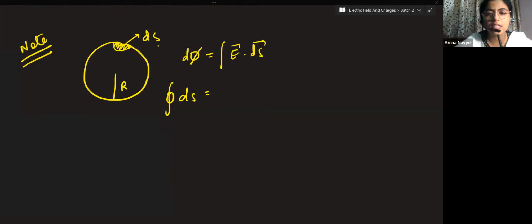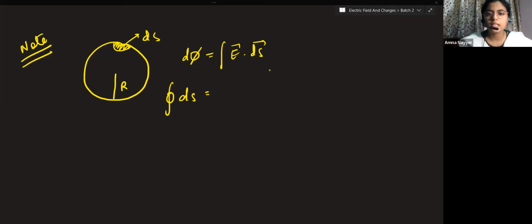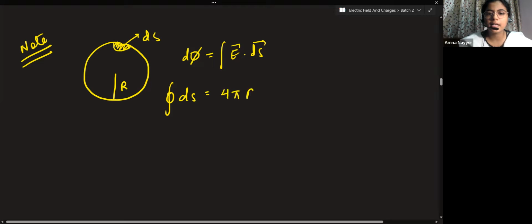Yes, Akshay, try. 4 pi r square. It will be 4 pi r square. So whatever electric field is given to you, whatever radius is given to you, put it over here, and you can get the value of flux.